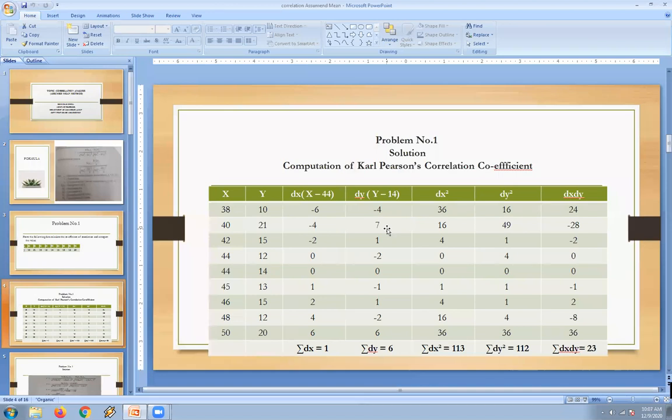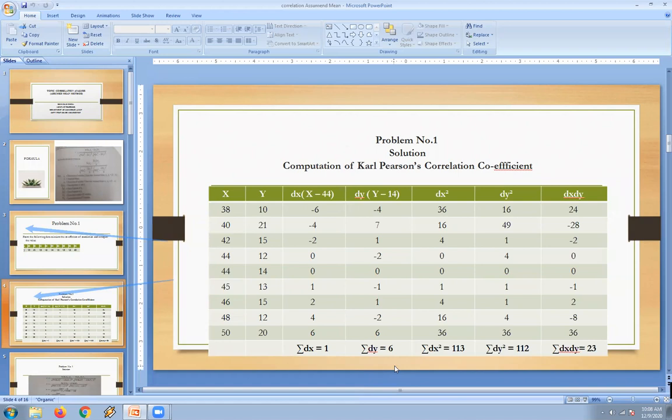You should see that the sign has to be indicated here. 15 minus 14 is 1, 12 minus 14 is minus 2, 14 minus 14 is 0, 13 minus 14 is minus 1, 15 minus 14 is 1, 12 minus 14 is minus 2, and 20 minus 14 is 6. The total of all deviation values of y is nothing but 6.